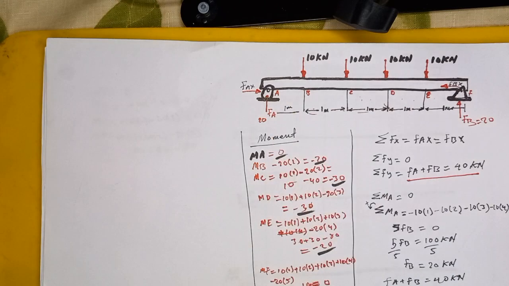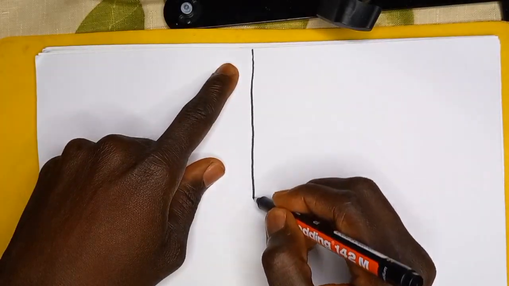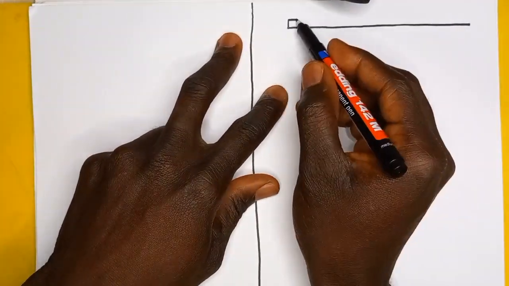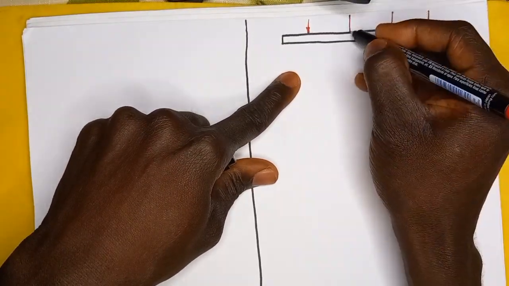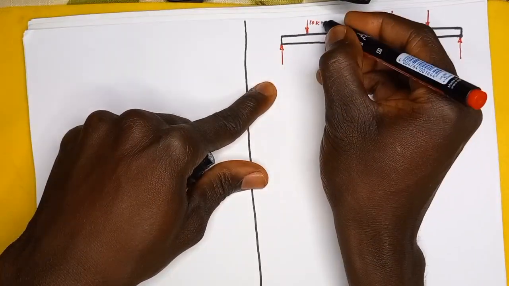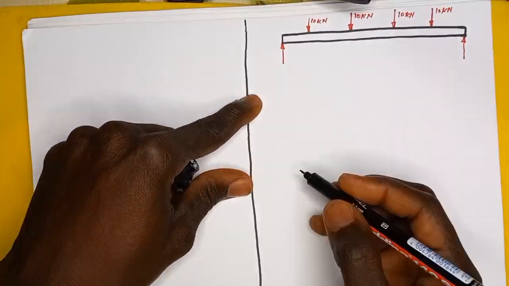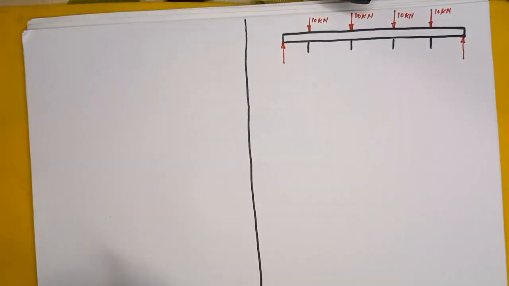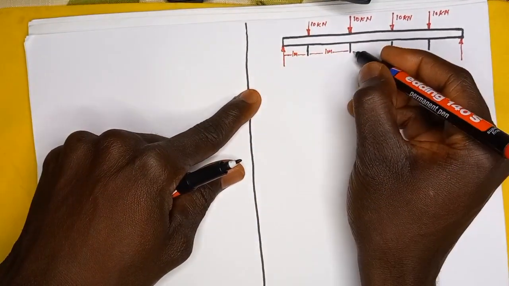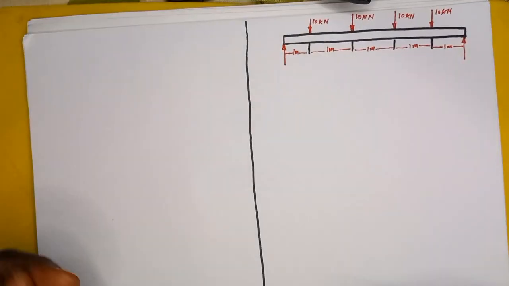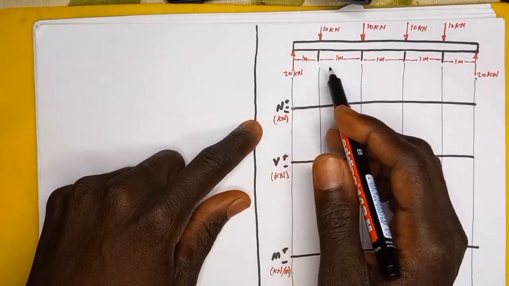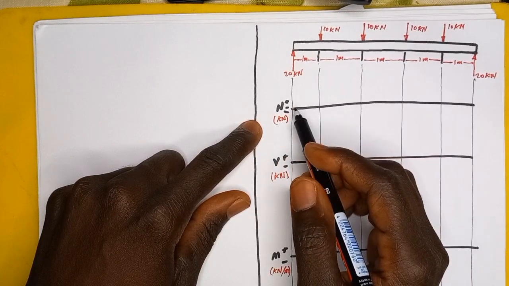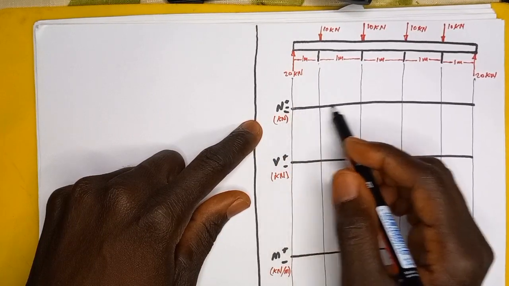So let's redraw this figure. Now, since we have redrawn this graph, since there are no forces acting in the x direction, we are not going to have a graph of a normal force.